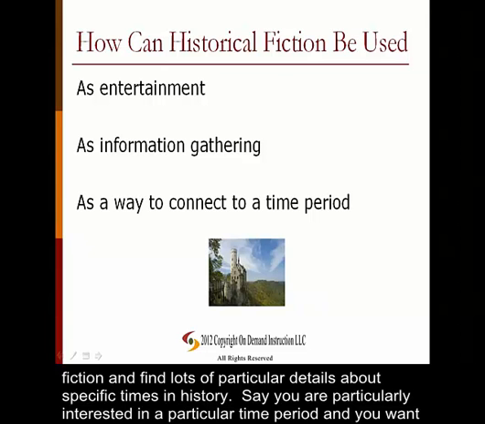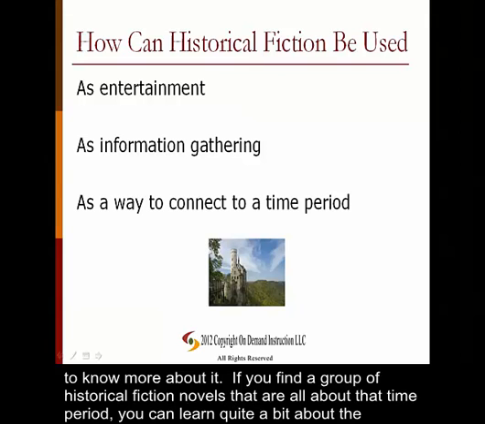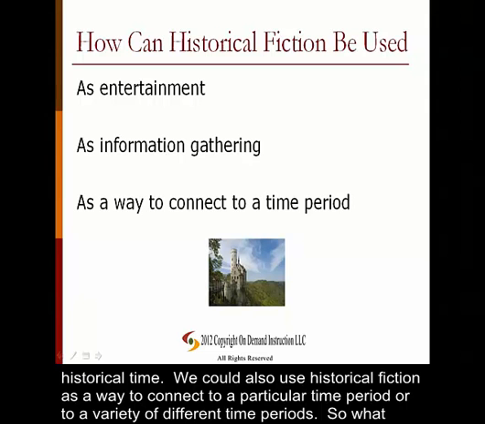Say that you're particularly interested in a particular time period and you want to know more about it. If you find a group of historical fiction novels that are all about that time period, you can learn quite a bit about the historical time. We could also use historical fiction as a way to connect to a particular time period or to a variety of different time periods.